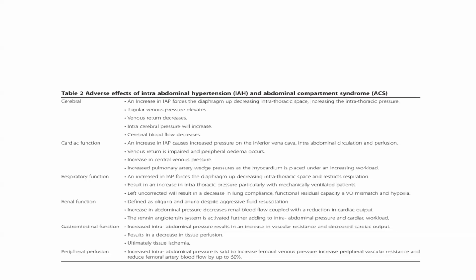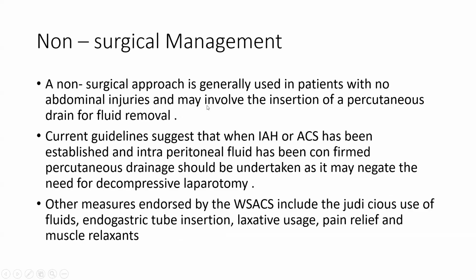This results in decreased tissue perfusion and ultimately tissue ischemia. Now regarding peripheral perfusion, increased abdominal pressure is said to increase femoral venous pressure, increase peripheral vascular resistance, and reduce the venous return, and it will cause a reduction in the peripheral perfusion.